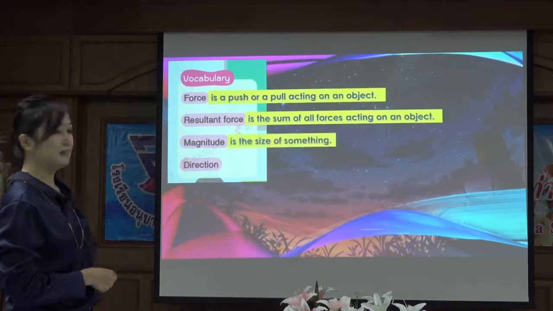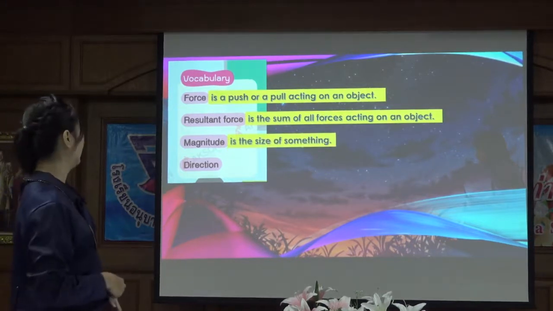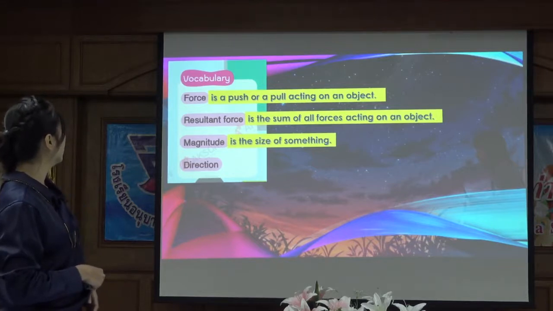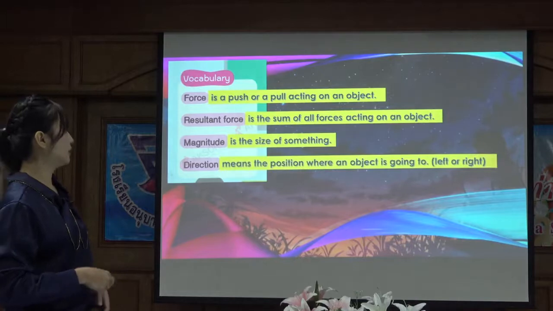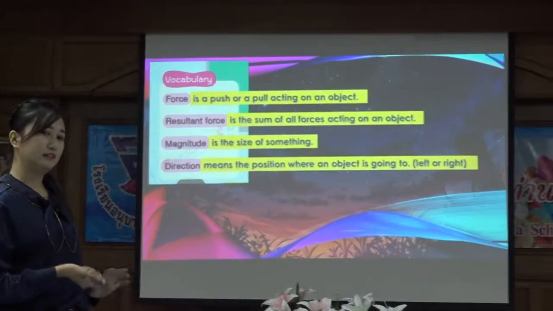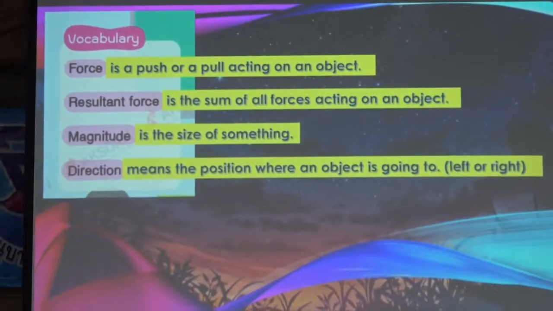Magnitude is the size of something, anything, an object, anything that you can do. Direction means the position where an object is going to. It's either to the left, to the right, going up, or going down.